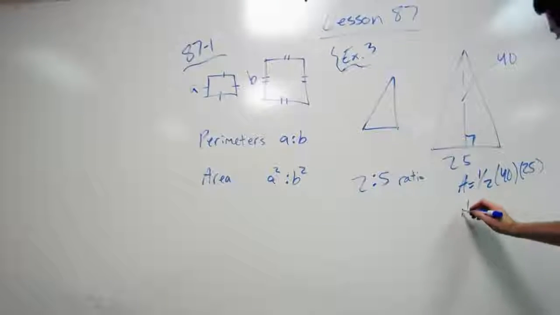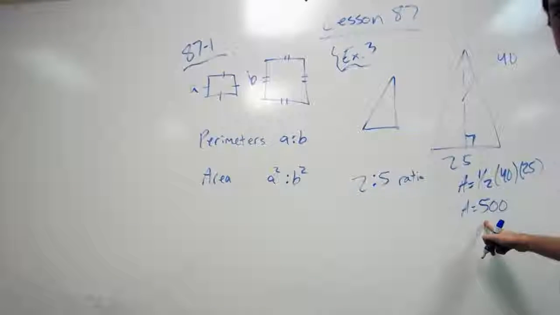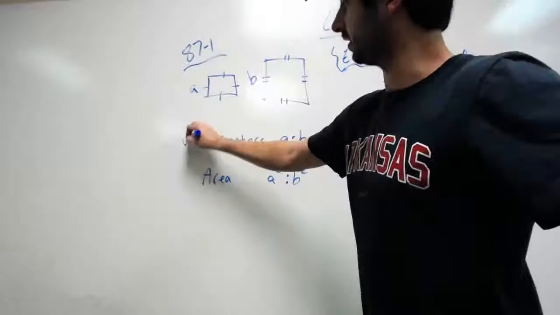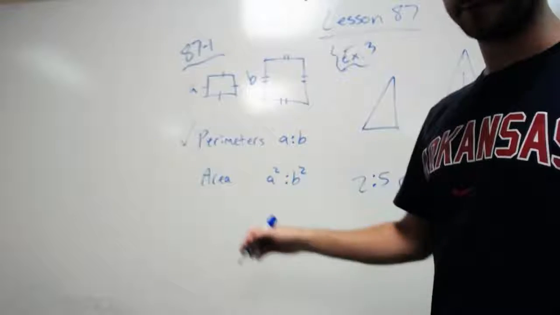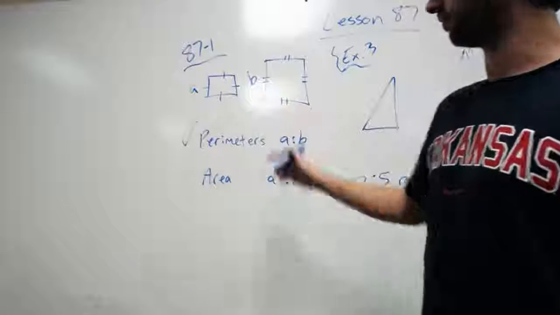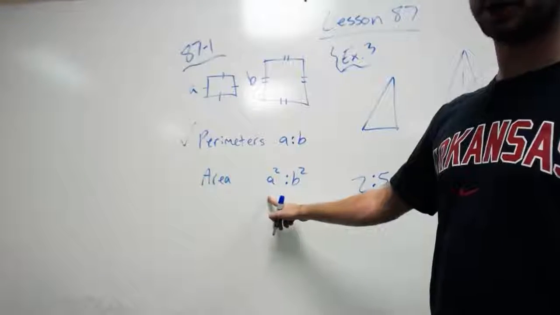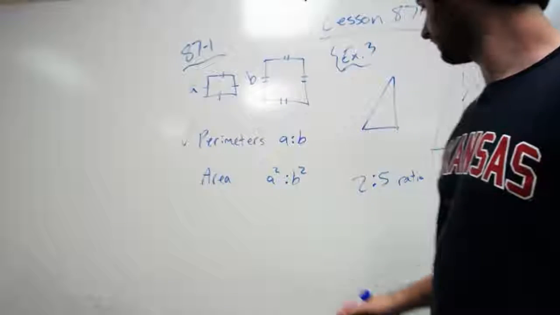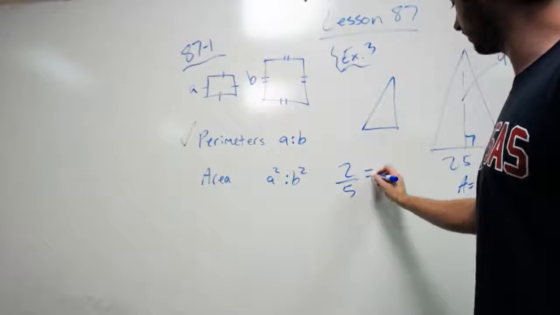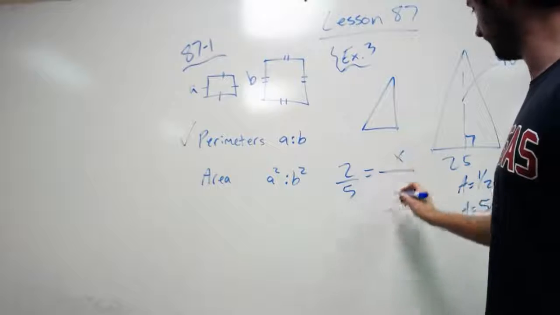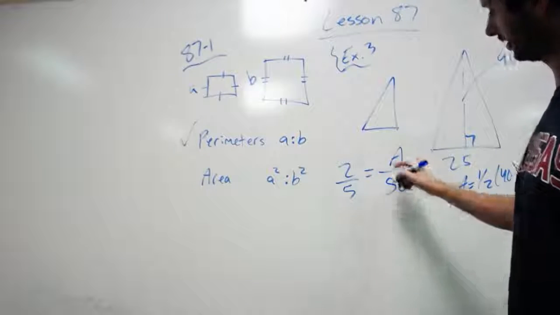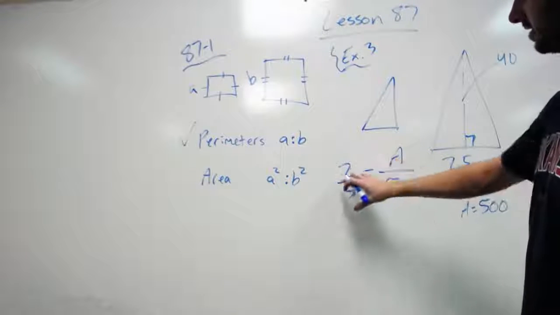So the area of this one is 500. Now, this is our ratio. We already did perimeter in example 2. For area, what it says is for any A to B ratio, the ratio of their areas would be A squared to B squared. So rather than just saying 2 over 5 equals x over 500, that would not be correct, because this is the perimeter ratio.